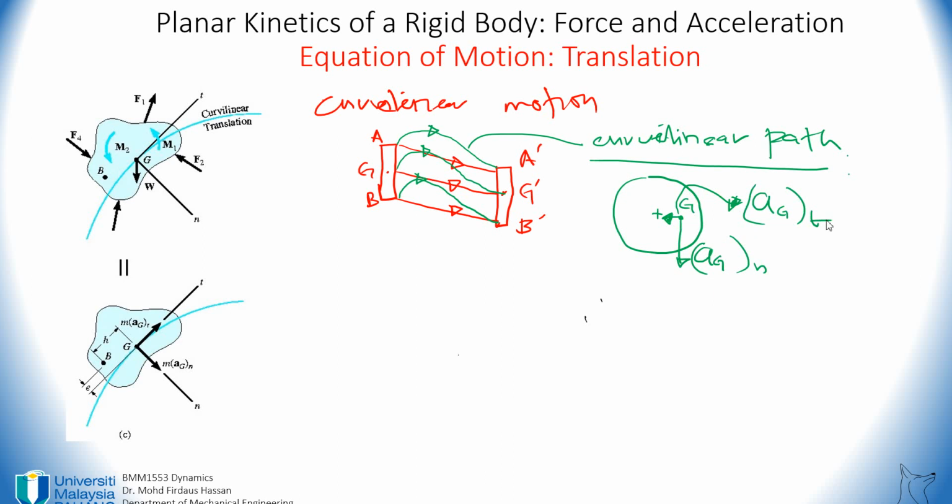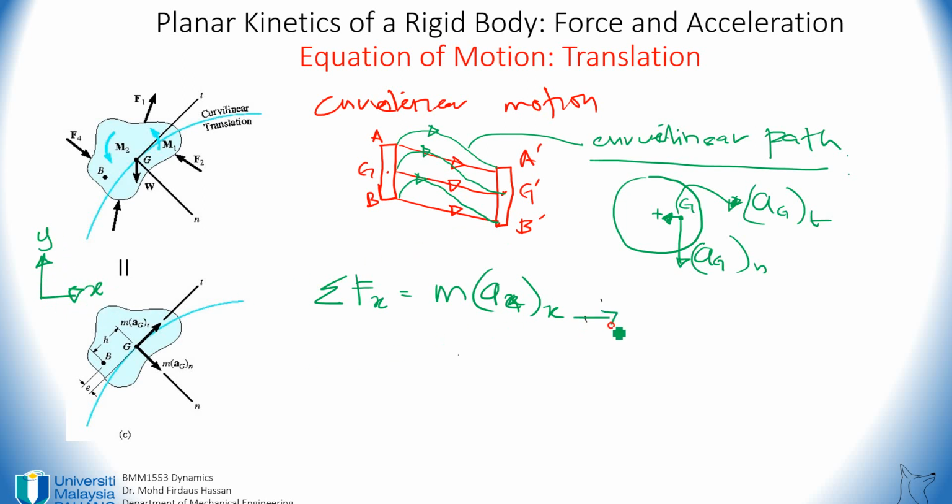For curvilinear motion, instead of the summation of Fx equal to m a_Gx, because we know that x is in this direction, this is the coordinate system for x and y.